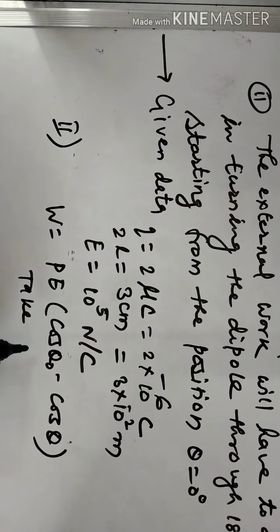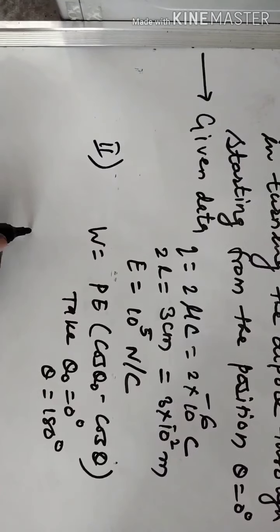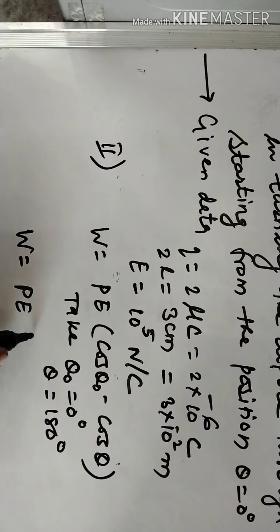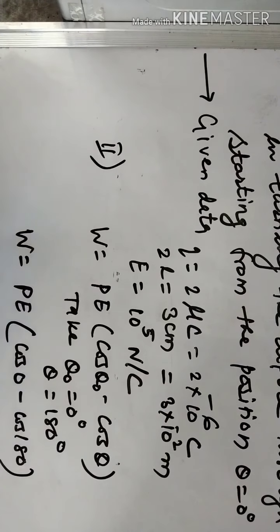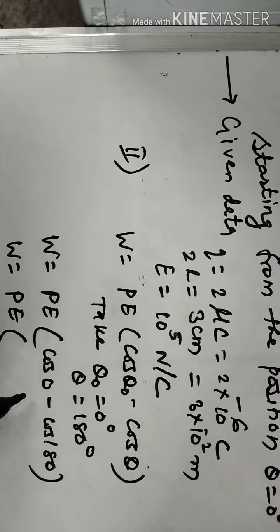Take theta 0 equal to 0 and theta equal to 180 degree. Substituting, W is equal to PE into cos 0 minus cos 180. Cos 0 is 1, cos 180 is minus 1. So W is equal to PE into 1 plus 1, that is W is equal to 2PE.